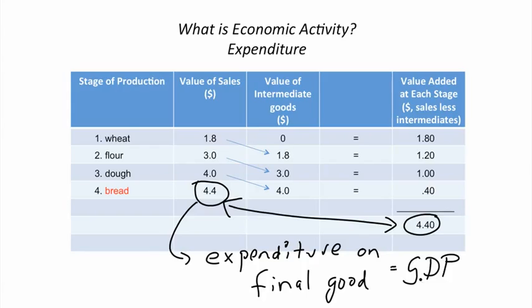And as you can see, what this is telling us is that because of the way we value production using the value-added approach, what we call the flow of production is exactly the same thing as what we will call the flow of expenditure. Expenditure and production both give us gross domestic product if they are measured appropriately.